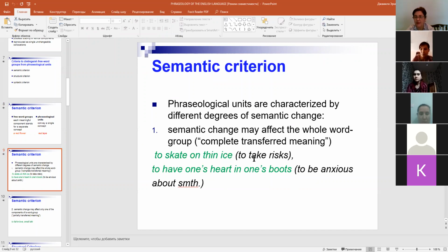It means to take risks. To skate on thin ice: the words are not used in their own meaning. They are used as one semantic component, according to their degree of semantic change.